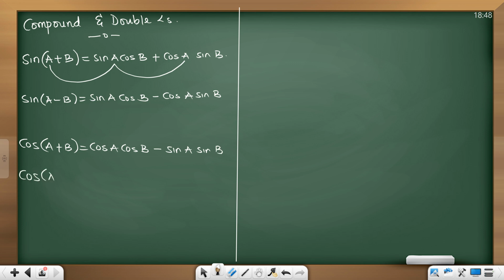That's why you copy from your formula page until you know it. Don't try to be a hero. And cos (A − B) is cos A cos B plus sine A sine B. The more we use this, the better we become.